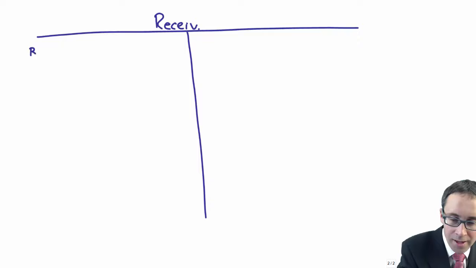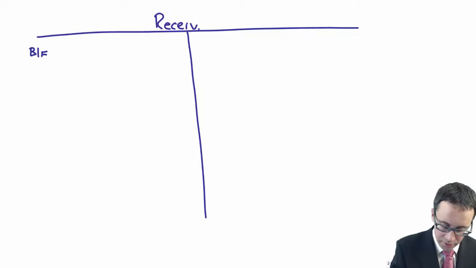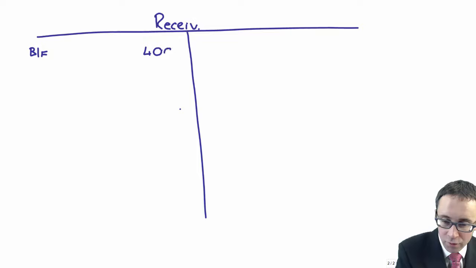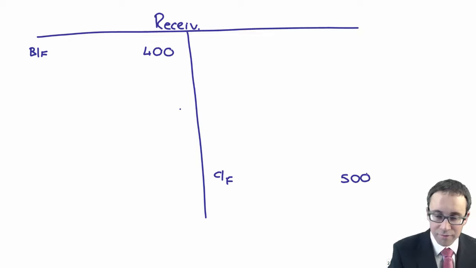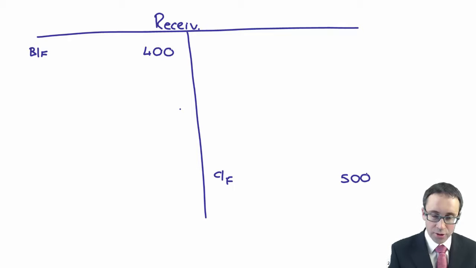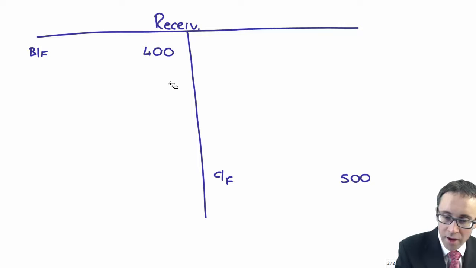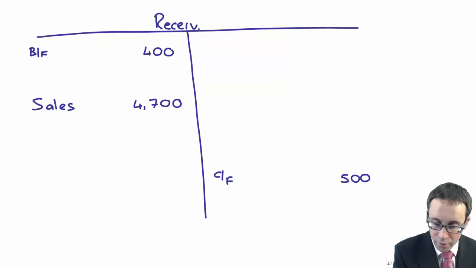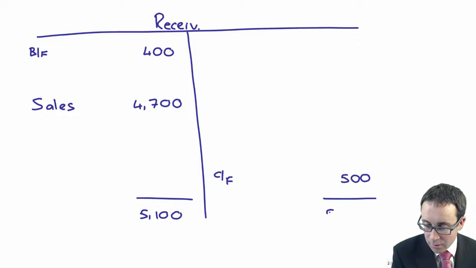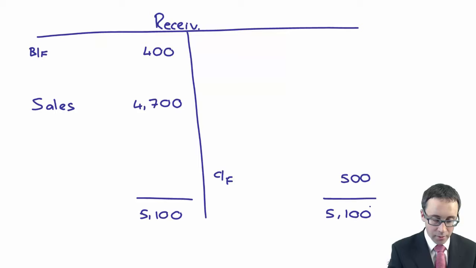So for receivables you put in your brought forward, your opening receivable, that there is 400. Your closing receivable is 500. And you have there your sales for the year, assuming that they are all on credit. Debit receivables, credit sales, don't we? When you balance it all up, it's 100 on the left, 100 on the right.